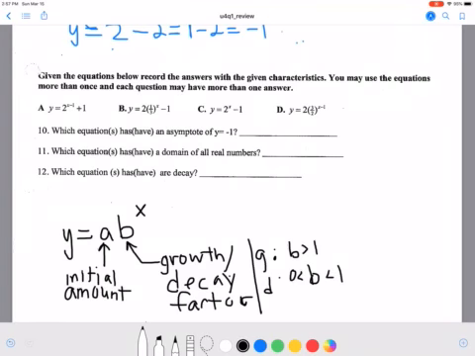So essentially it's a fraction, not bigger than 1, okay?